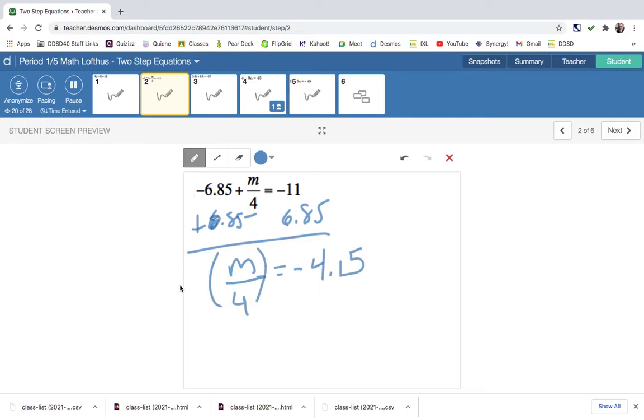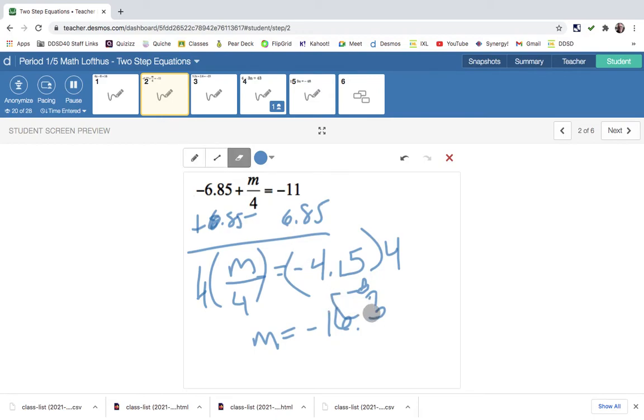You multiply by 4, multiply this by 4, and m is equal to negative 16.6. You may use a calculator while doing this, and in fact it is encouraged to do, for example, 4 times negative 4.15 to get negative 16.6.